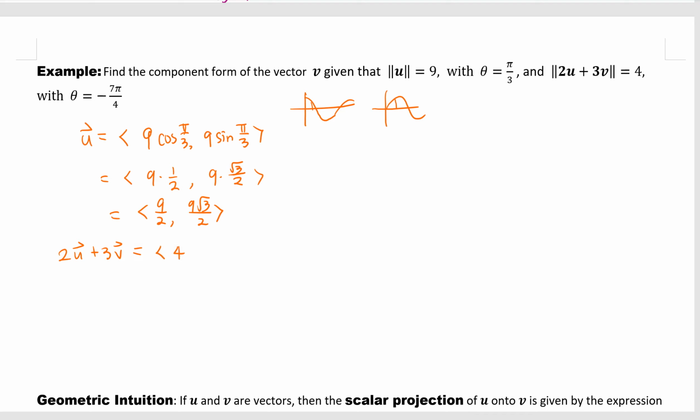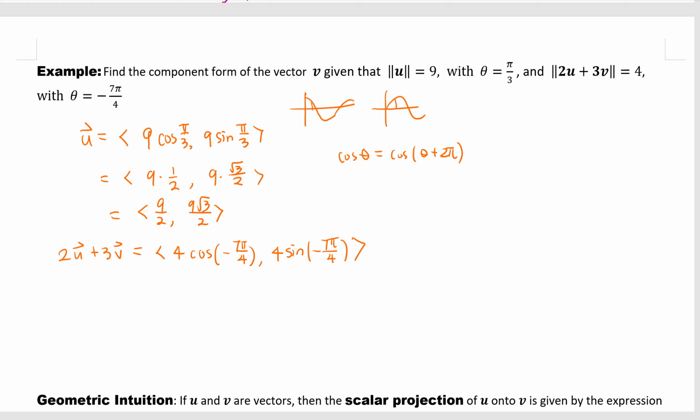And how about 2u plus 3v? Well, that's 4 times cosine of -7 pi over 4, and then 4 times sine of -7 pi over 4. So what is -7 pi over 4? Cosine theta is the cosine of theta plus 2 pi, and the same with sine.